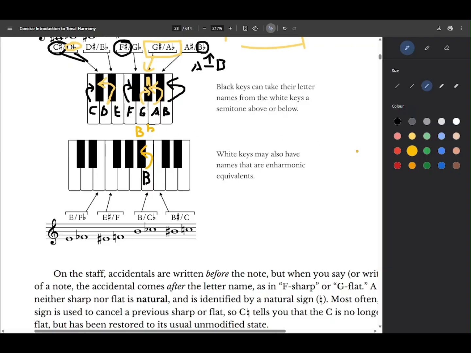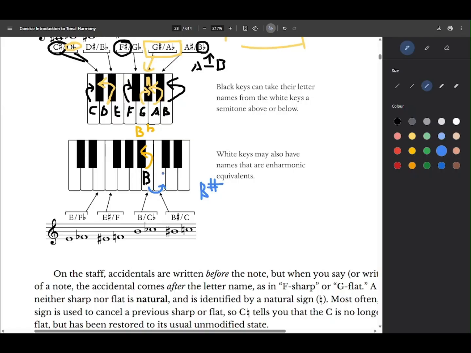But what happens if we want to sharpen our B? Do we go here? No, because then we're skipping over this black key. So that's not right. What we do when we sharpen B to make B sharp is we go up to the white key.